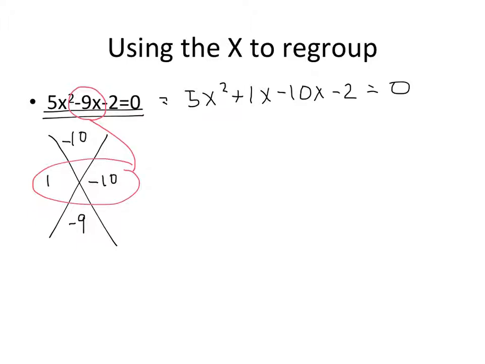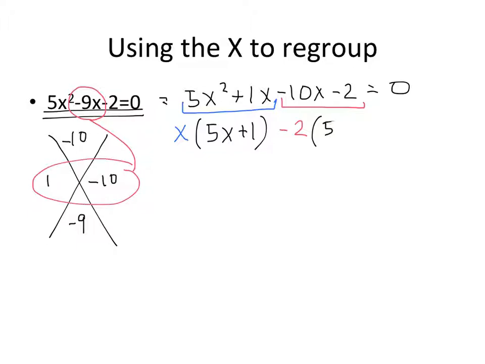And from here, what we're going to do is regroup by factoring it out separately. So we're going to take these terms and factor it out. So 5x squared and 1x has x in common. So I'm going to take out the x and leave the 5x and the 1. For the next one, I have negative 10 and negative 2. That has the negative 2 in common, so I'm going to take that out.